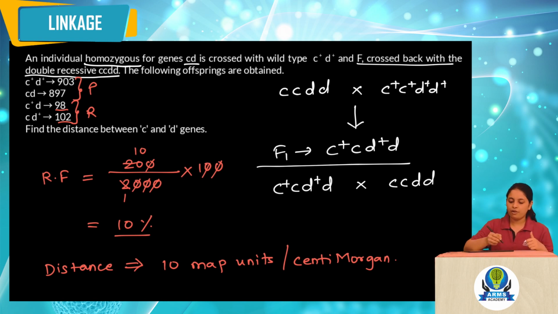First, find the recombinants. They will always be in less number. Then apply the formula. You will get a percentage. If you have 10%, that means the distance between both the genes will be 10 map units or 10 centimorgan. We use the term Morgan because the phenomenon of linkage was explained by Morgan.